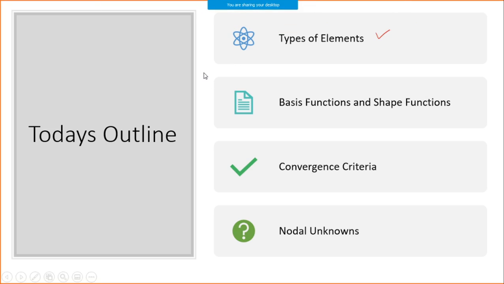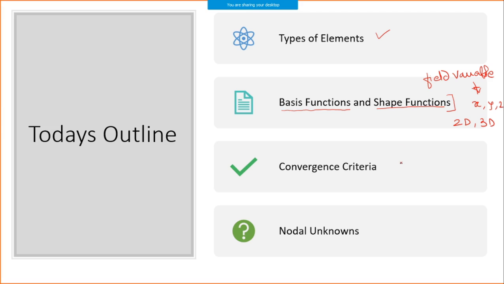And another one: the basic functions, also called the shape function for the element, which talks about the variation of your field variable with the x, y, z coordinates. We are going to discuss 2D elements and also 3D elements.